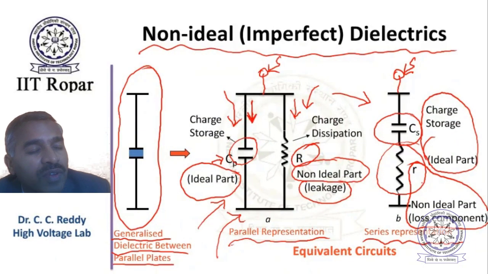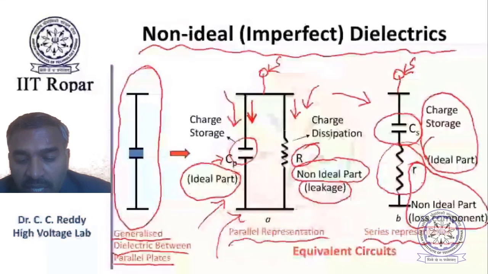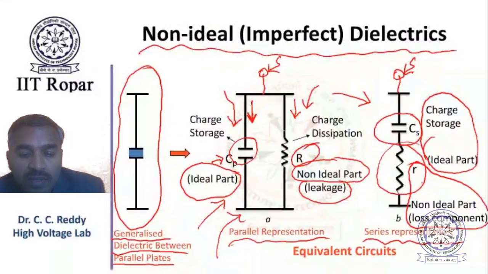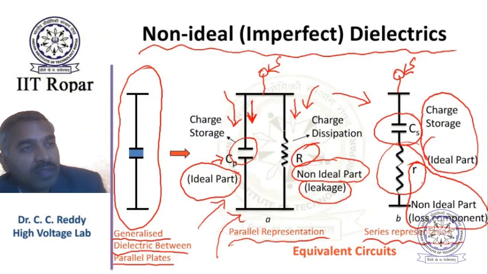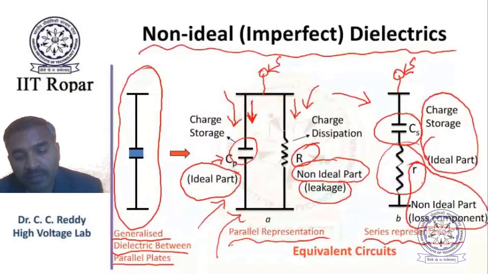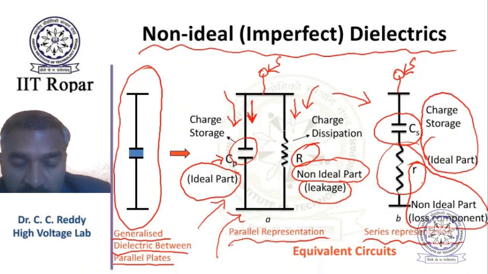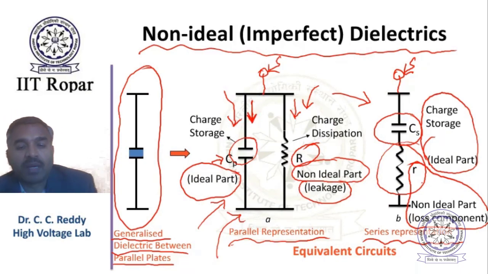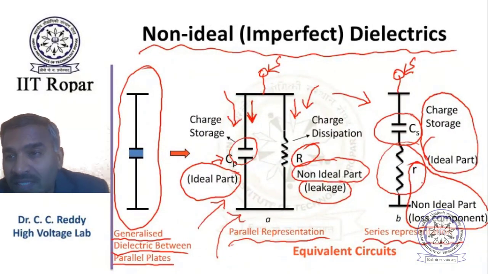For example, suppose I use the series equivalent circuit and apply DC, what will be the current through this equivalent circuit? In steady state it will be 0, sir. This is the problem.